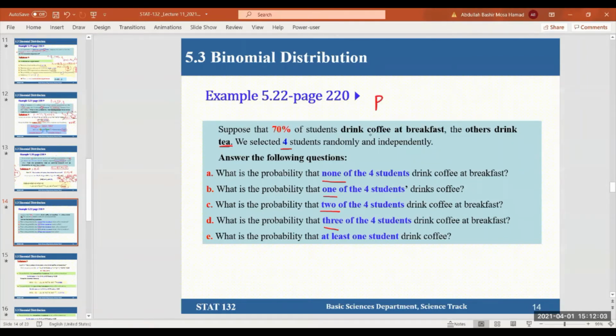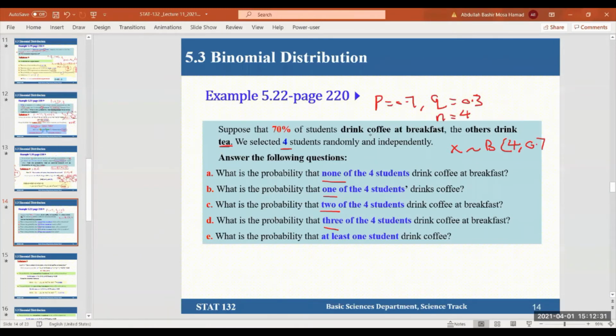P equals 0.7, Q equals 0.3, and n equals 4. So we write X distributed binomial with n is 4, p is 0.7.